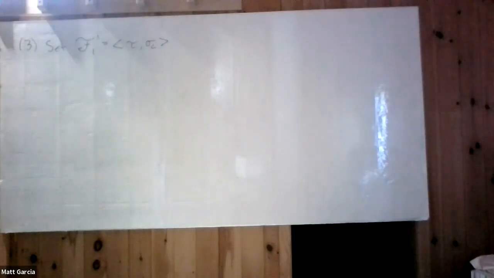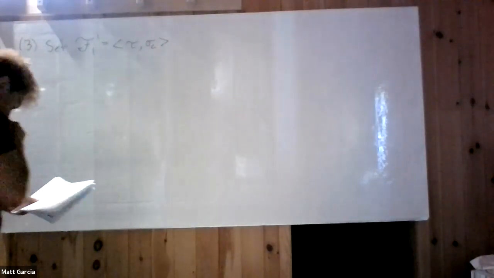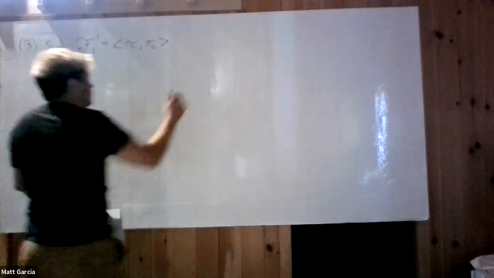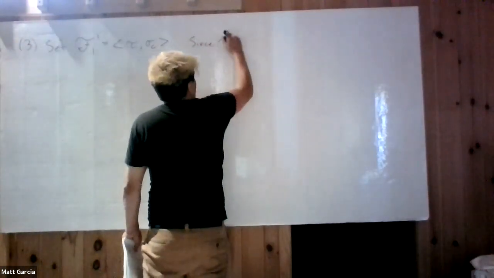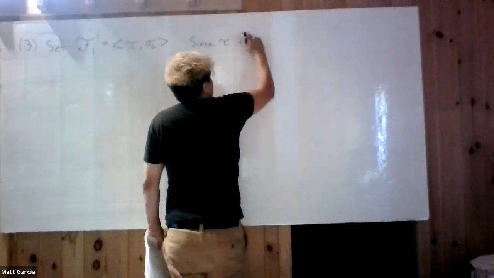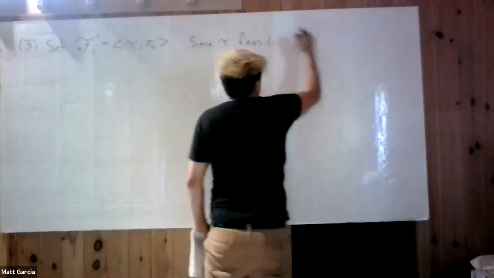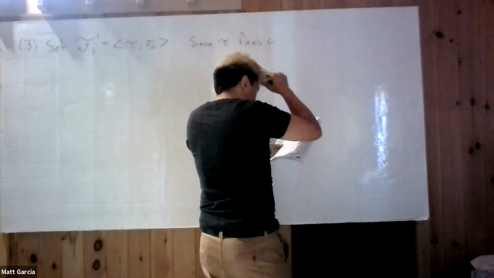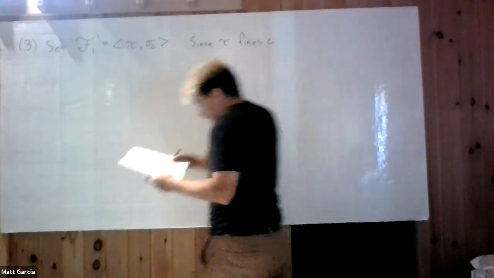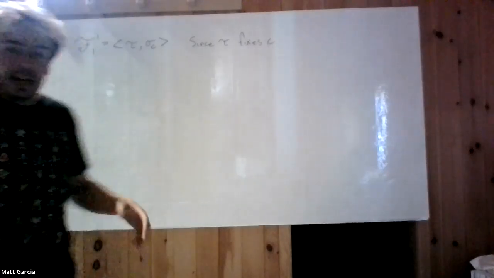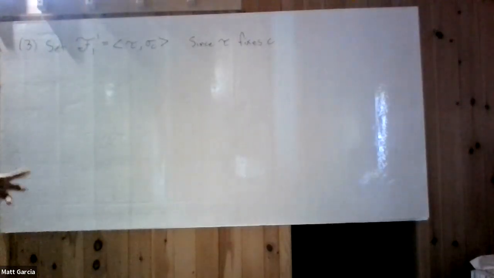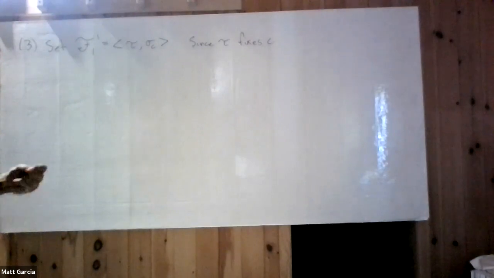Now, since tau, the translation, fixes C, what do we know? Remember, we did a case-by-case study of when isometries commute.